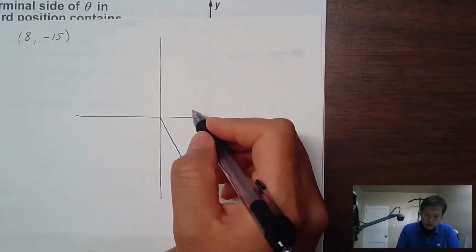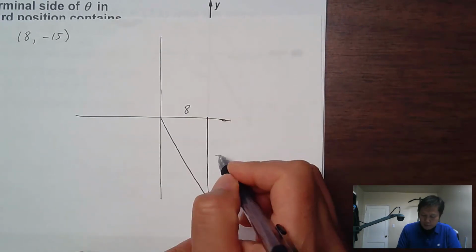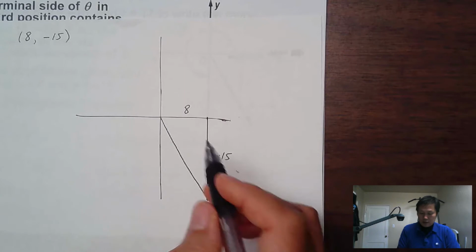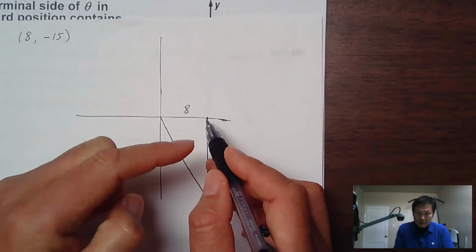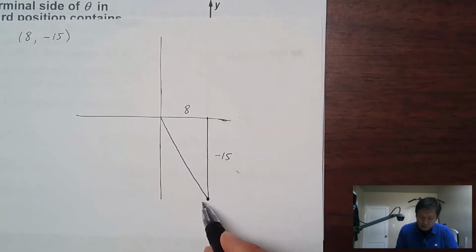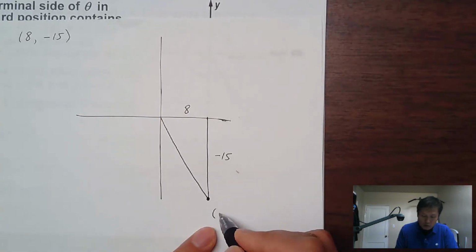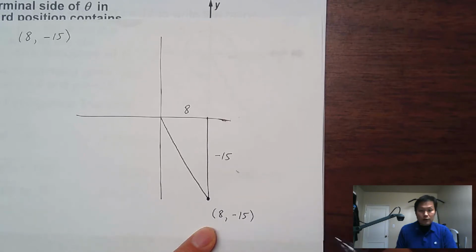Since 8 is positive, you go right. Since -15 is negative, you go down. And that's the coordinate (8, -15). If you graph it, that's where the point is.